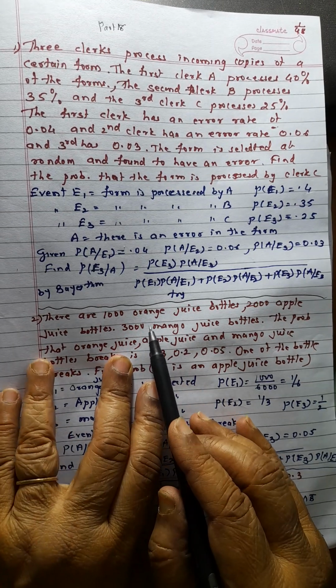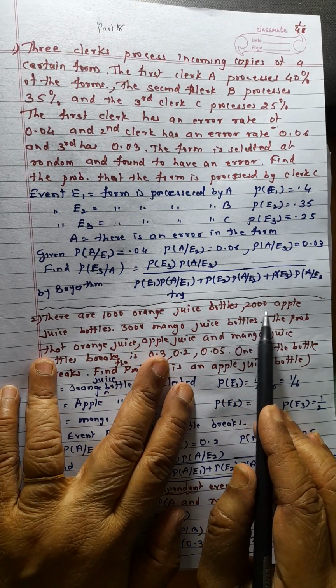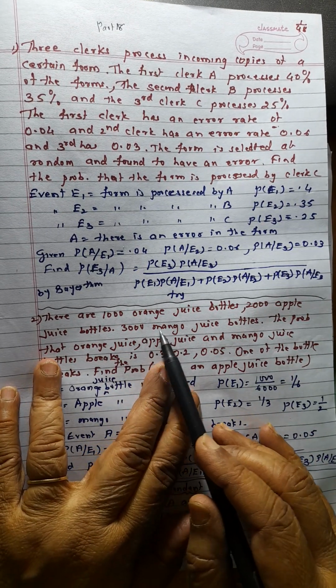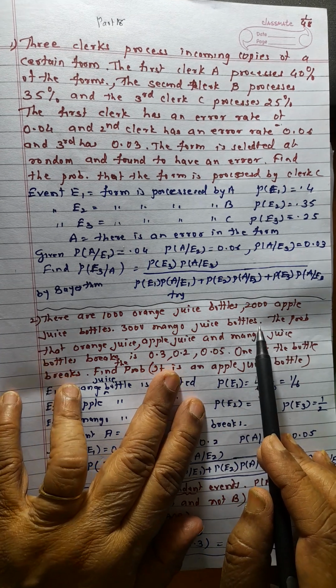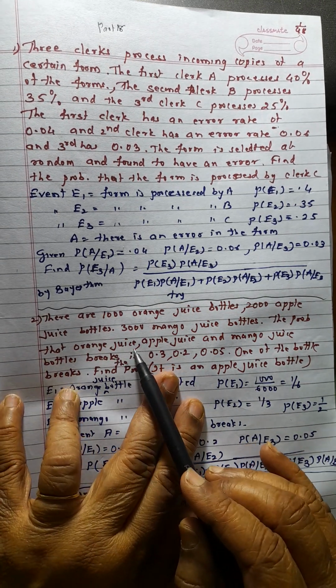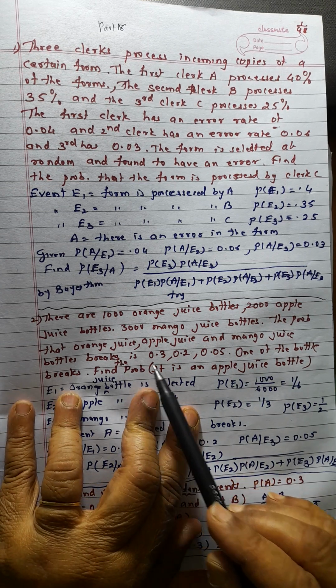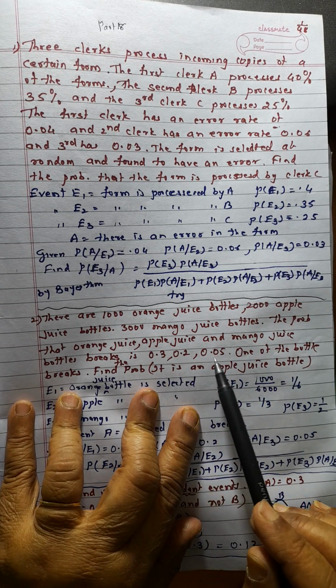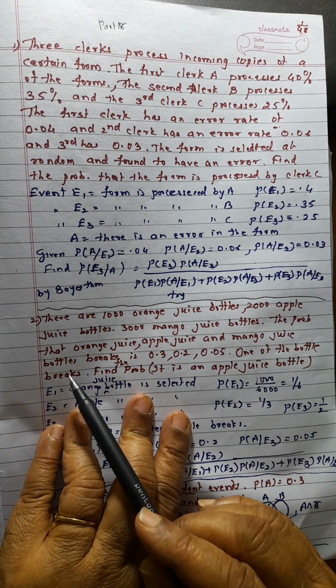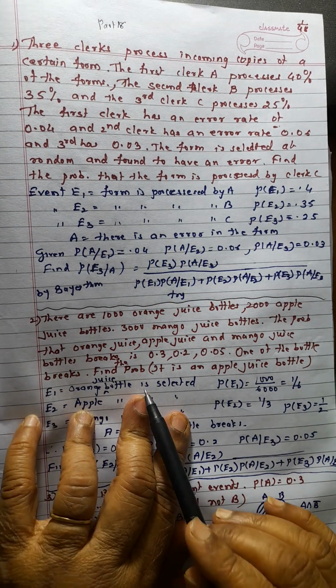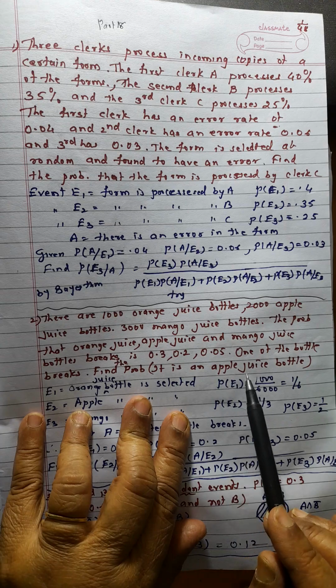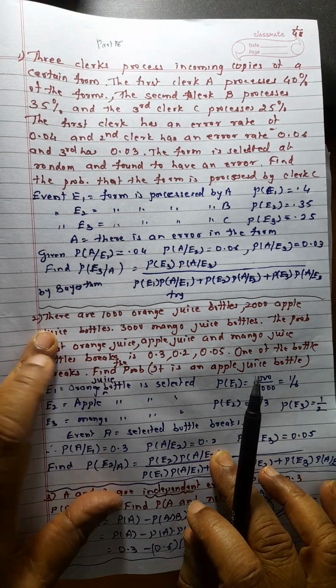There are 1,000 orange juice bottles, 2,000 apple juice bottles, 3,000 mango juice bottles. The probability that orange juice bottle, apple juice bottle and mango juice bottle breaks is 0.3, 0.3, 0.05. One of the bottles breaks. Find the probability that it is an apple juice bottle. This is Bayes theorem.